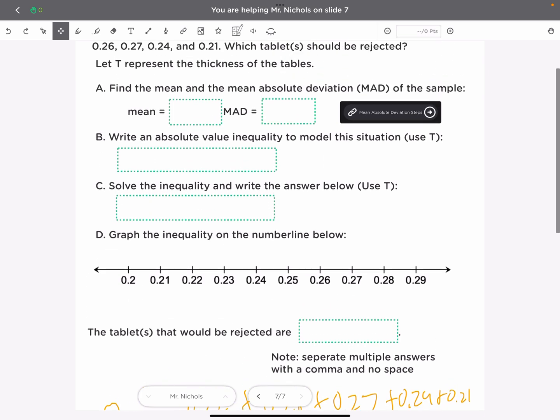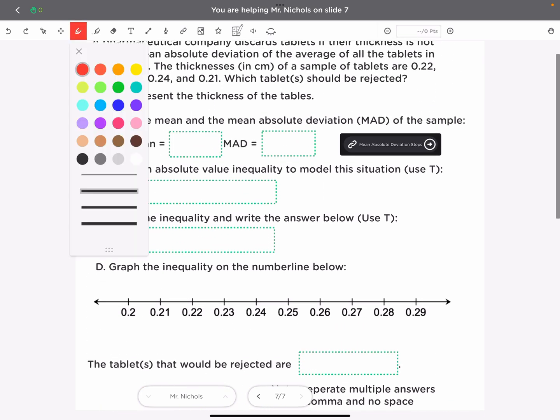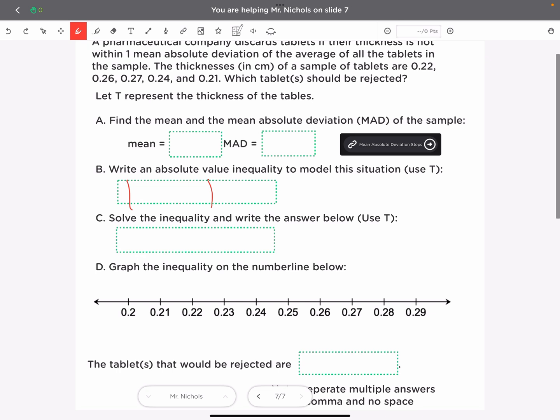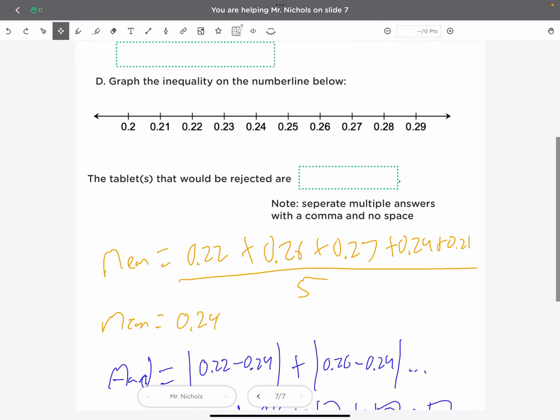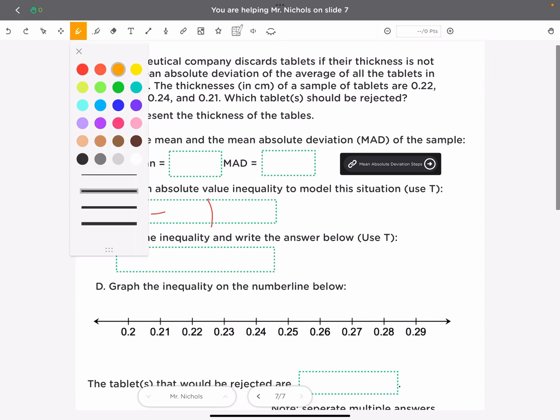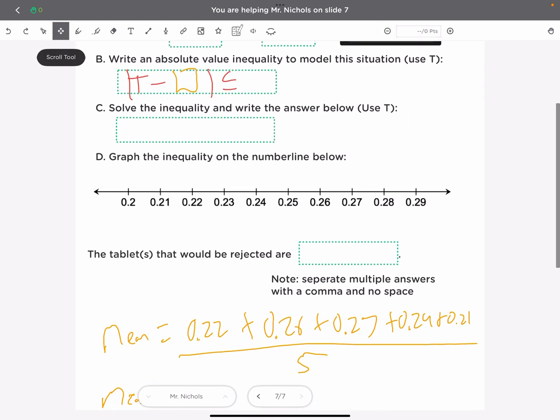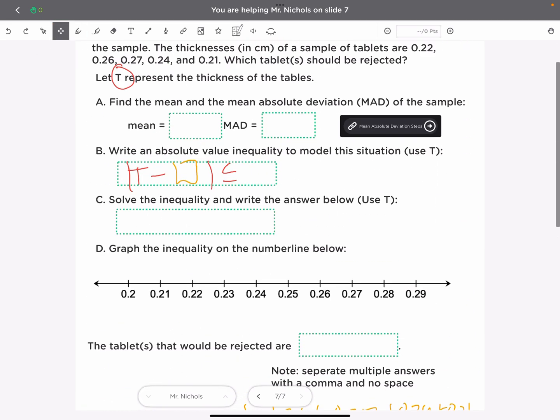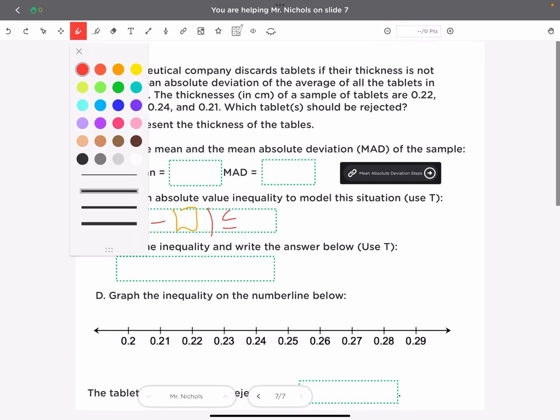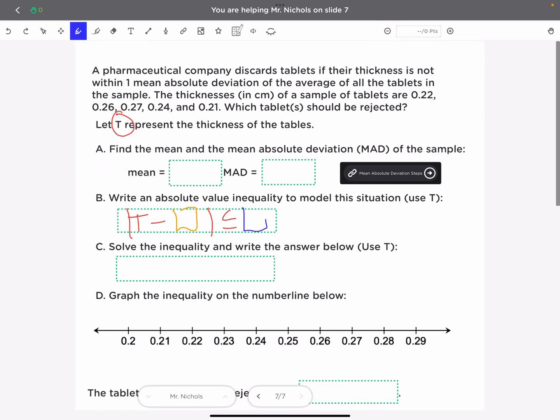All right. To create the absolute value inequality, we have an absolute value, and our capital T is our variable. So we do T minus the mean, which we already know, in orange, is less than or equal to whatever you calculated as the MAD. From there, you should be able to set it up.